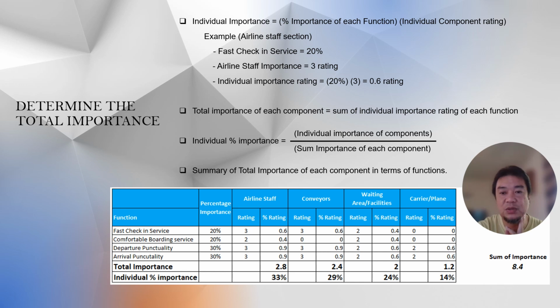You add the total importance of each component, and the sum of importance is 8.4. To get the individual percent importance, you divide the component's importance by the grand total of all the components: 2.8 divided by 8.4, that's 33%.